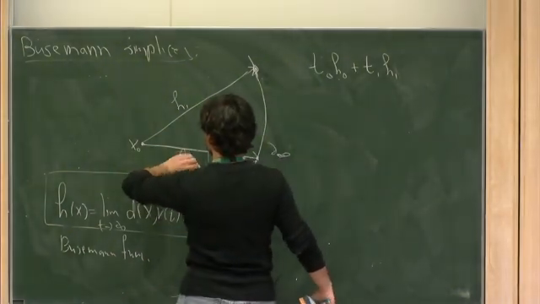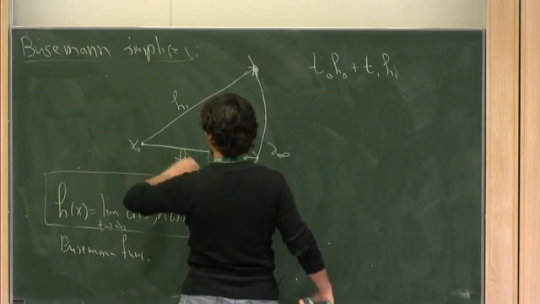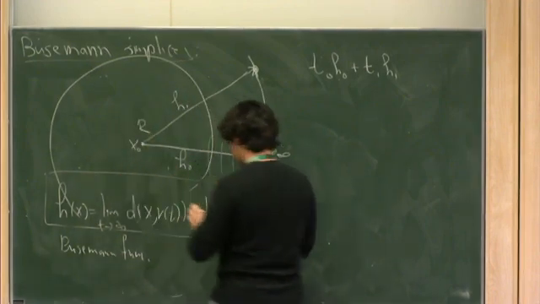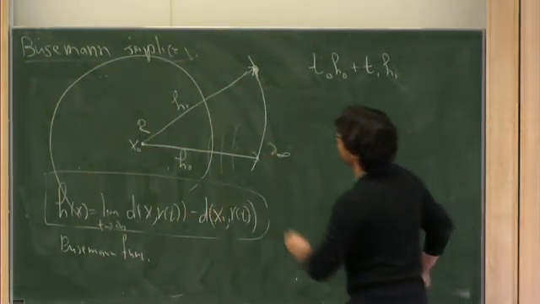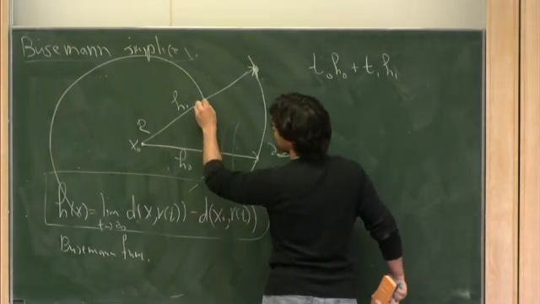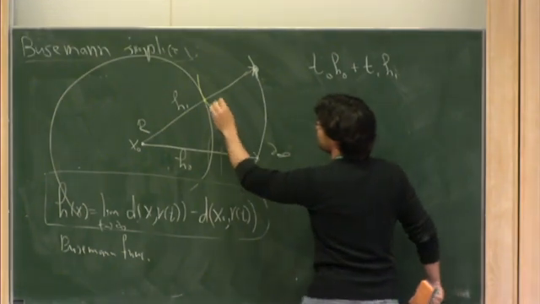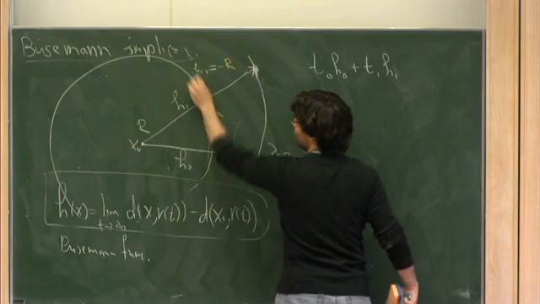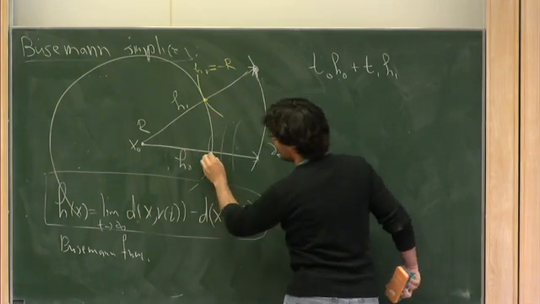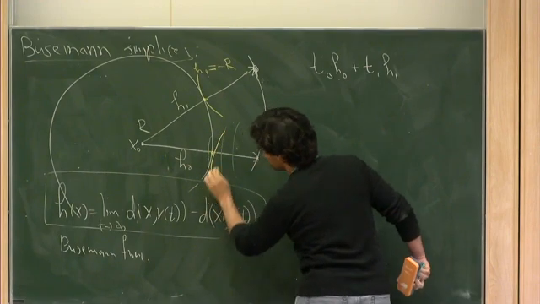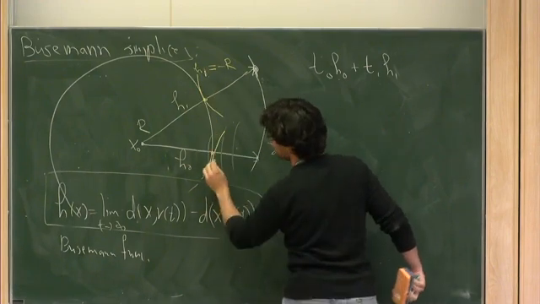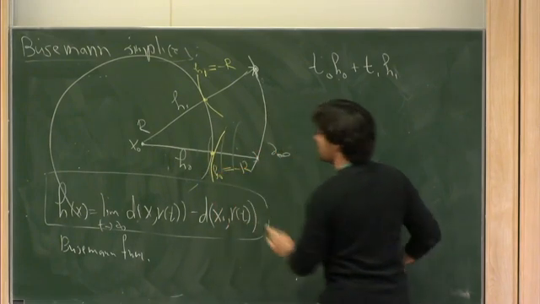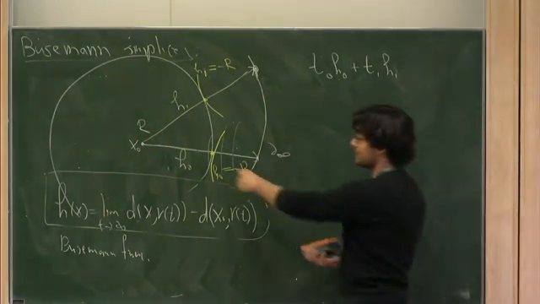So let me take a ball of radius r around this point for any particular r. The level set where h0 is equal to minus r is exactly the horosphere that touches this ball at one point. Likewise, h1 equals minus r is also a horosphere that touches this ball at exactly one point.